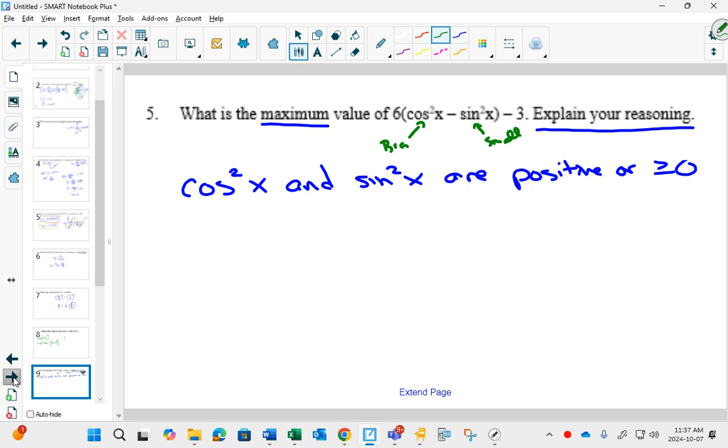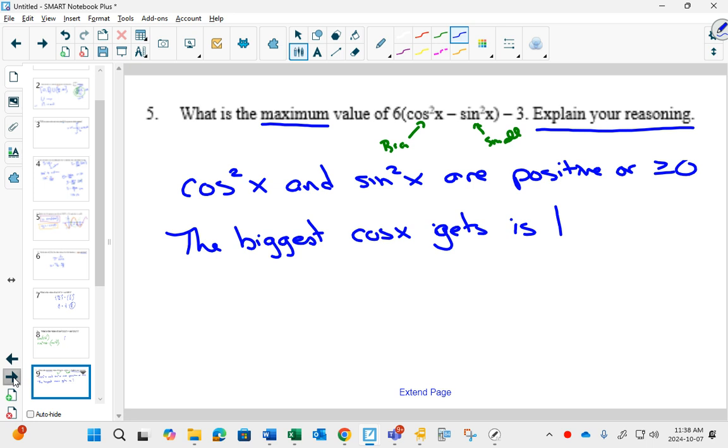So this is sort of the setup. We make the observation that they're both greater than or equal to 0, so we want cos squared x to be as big as possible, and sine squared x to be as small as possible. On your pie plate, does it make sense that the biggest that cos x gets is equal to 1?